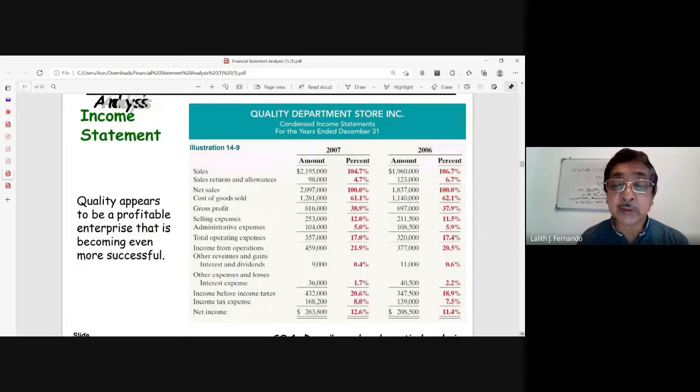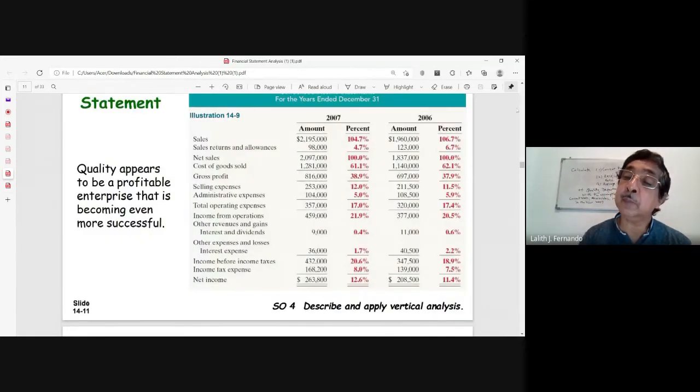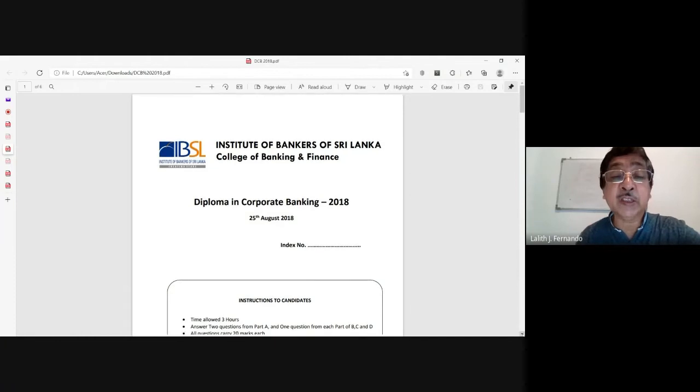I want to give some other remarks with regard to the ratios which we have discussed. Now, all those ratios we can group into three different features, that is liquidity, profitability, and solvency. So, under liquidity, we have different ratios, starting with current ratio, acid test ratio, and so on.